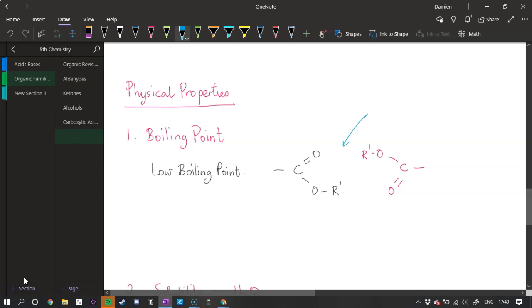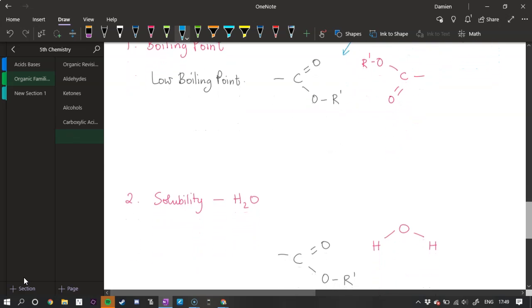Because there is no hydrogen bonding, the bonds between the ester molecules are not very strong. Therefore, if they're not very strong, you don't need much energy, and that gives rise to a low boiling point. So no hydrogen bonds there.